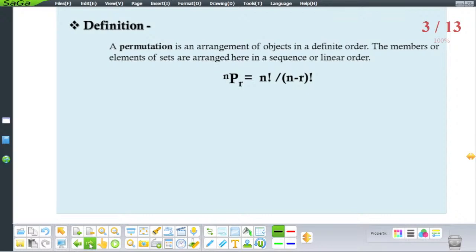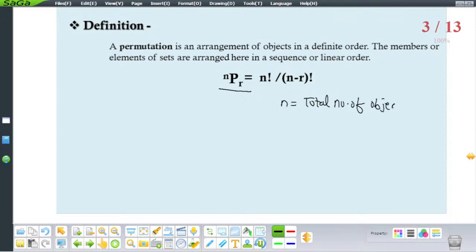We count the number of possible arrangements in a set when the order of the arrangement matters, and we get how many different ways we can arrange them using nPr, where small n is the total number of objects.